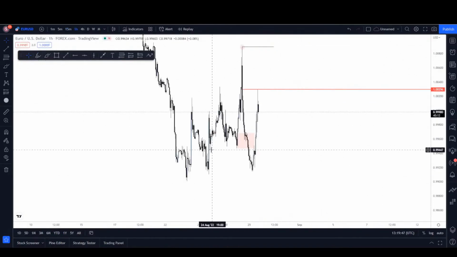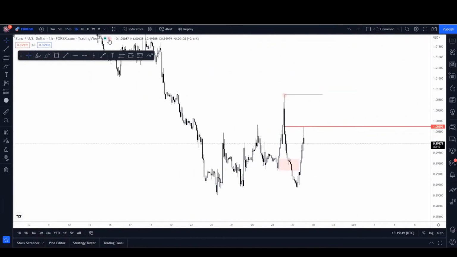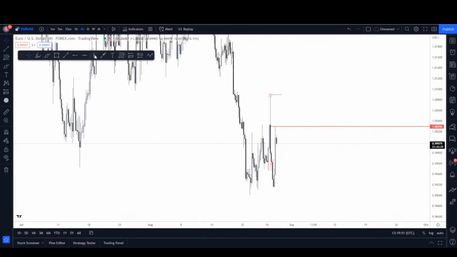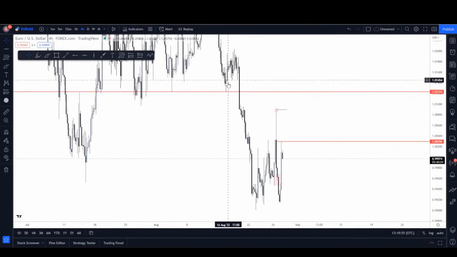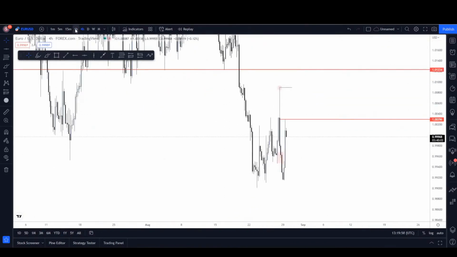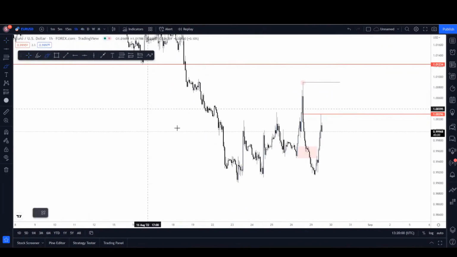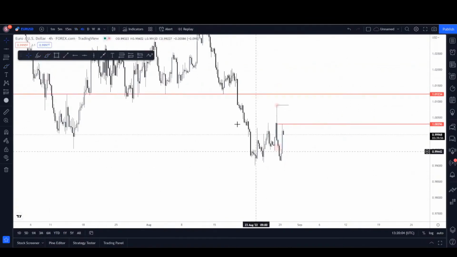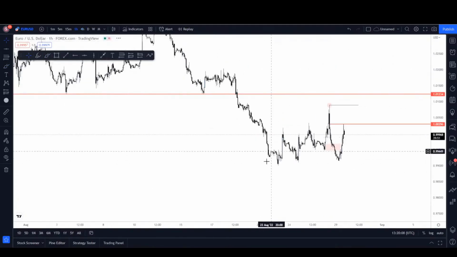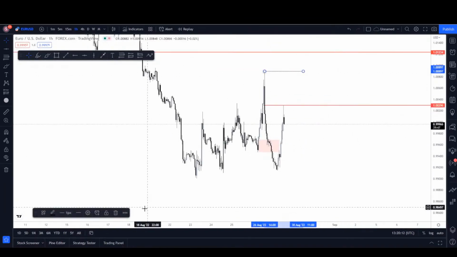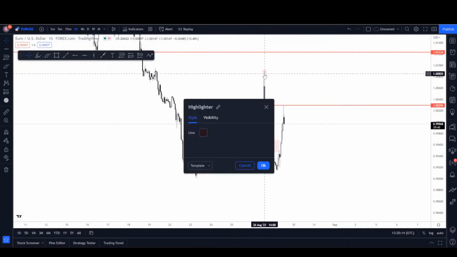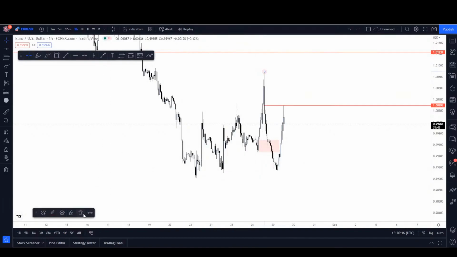Now, the reason I even thought it was inducement in the first place, and this is a good lesson for people that get confused with this, is because this is my H4 PD array that I want to see get tapped. So to me, my retracement is not complete from an H4 perspective. If we go back to H4 low, high, H4 low, and now I'm going to play H1 structure to this level, we see we didn't even reach this key level, so in my opinion, the retracement is not complete.